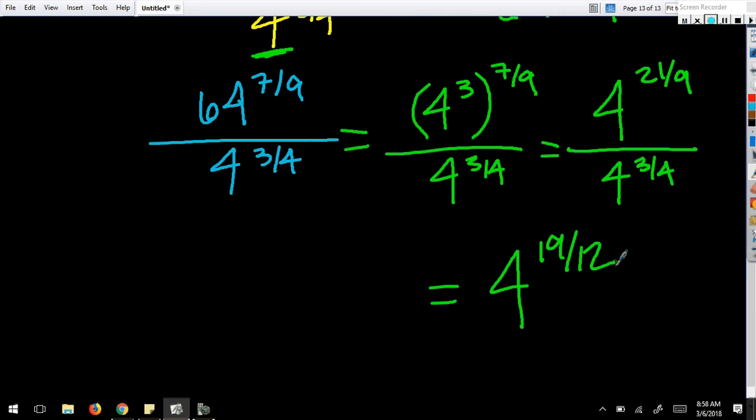So by forcing the bases to be the same, I was able to simplify and subtract. Does that make sense to you? A little bit? Kind of. I'm gonna forget. All of them do not require this. This is the hardest of them, for sure, that require you to manipulate the base to simplify the answer.